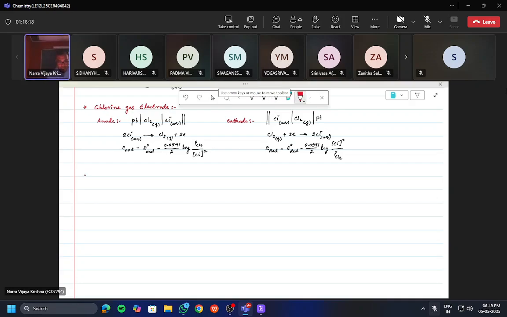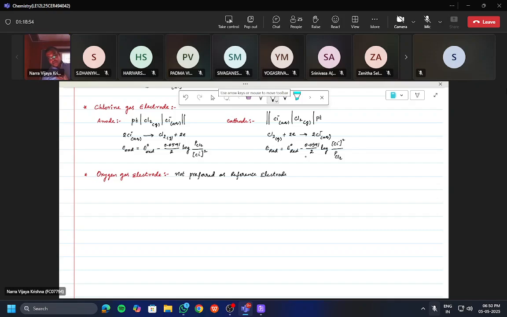Another type of electrode. Can we write different types of electrodes? I am taking the oxygen gas electrode. Can you write it in the same way as anode and cathode? But the important point is that the oxygen gas electrode is not preferred as a reference electrode.